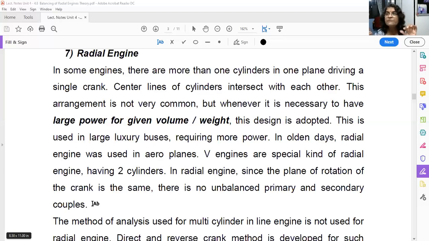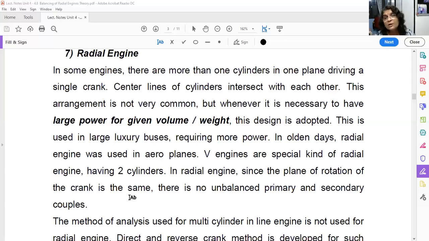But that is not the case with the radial engine. At one cross section of the shaft, or if you see the side view, all cylinders are falling along the radius of the circle. So all the cylinders are in one plane only. That is why if your forces are balanced, your couples will also be balanced.